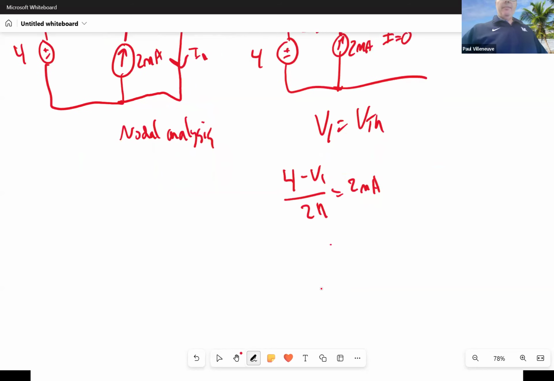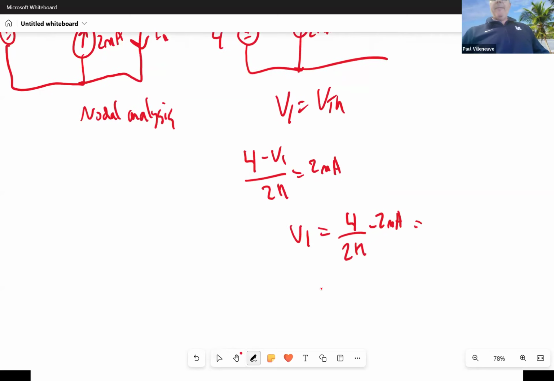So V1 is going to be equal to 4, let me back it up here. 4 over 2K minus 2 milliamps. I move the V1 to the other side, then I subtract 2 milli from both sides. So 4 divided by 2K is 8 milli, right? So that's 8, not 8 milli.